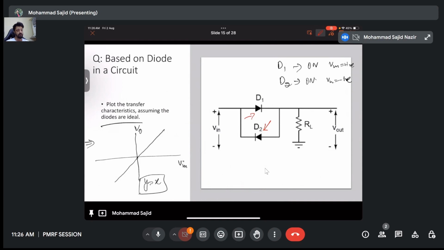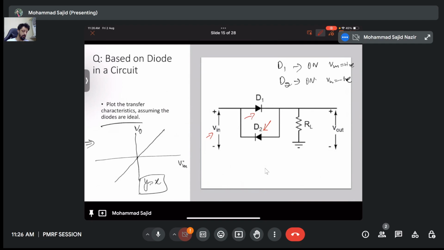When it is positive, D1 is conducting, and V out will follow V in, right? When you apply a negative voltage, D1 turns off and D2 is on for the negative, so again it follows V in.